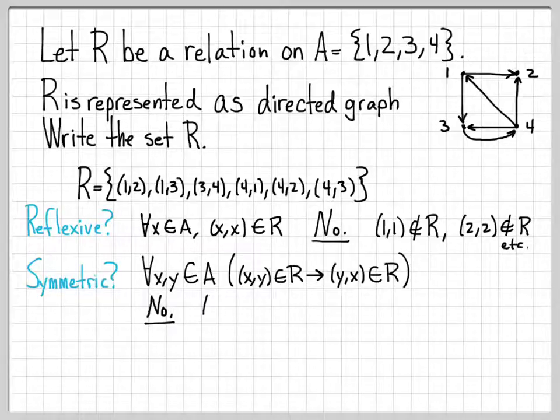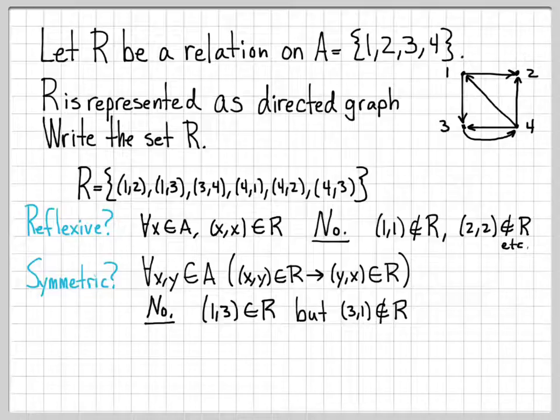For instance, the element 1, 3 is in R. We listed it in our set. If this was a symmetric relation, we would need to have 3, 1 in R. But 3, 1 is not in R, so this is obviously not a symmetric relation. And again, there are many others that we could have chosen to show a specific case where this relation fails to be symmetric, but this is the one that we listed.